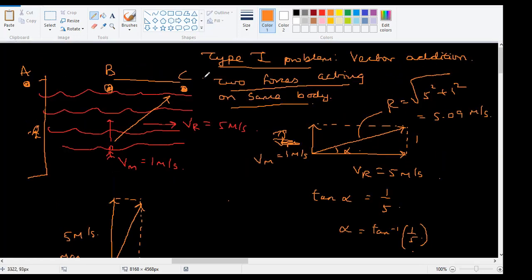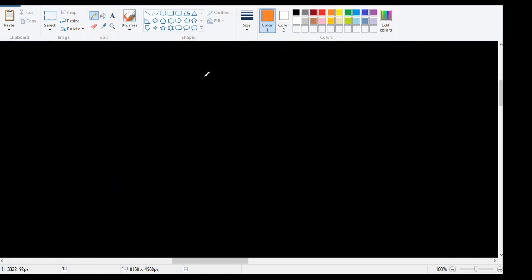The second concept is, suppose let's say there is rain droplets. The rain is falling down, and let's say I am going in a bicycle.